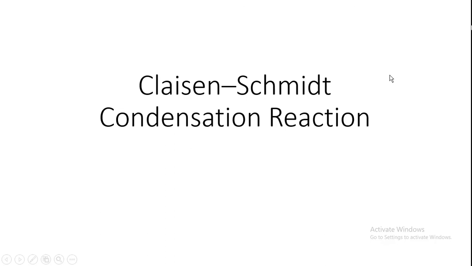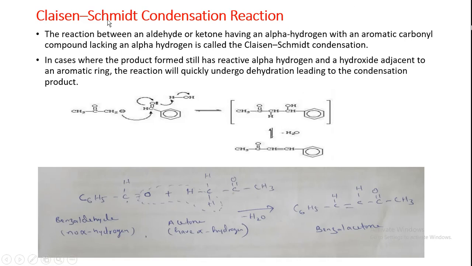So let us see. The Claisen-Schmidt condensation reaction occurs between two things. One is an aromatic aldehyde which does not have any alpha hydrogen, and another is a simple carbonyl compound which has alpha hydrogen.